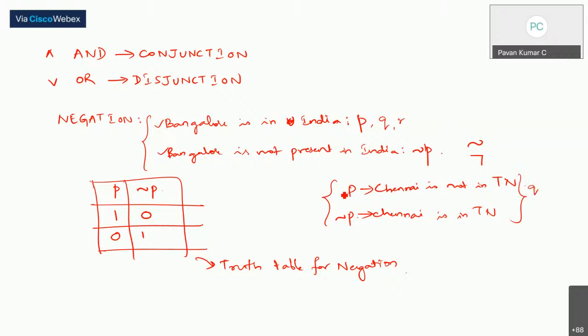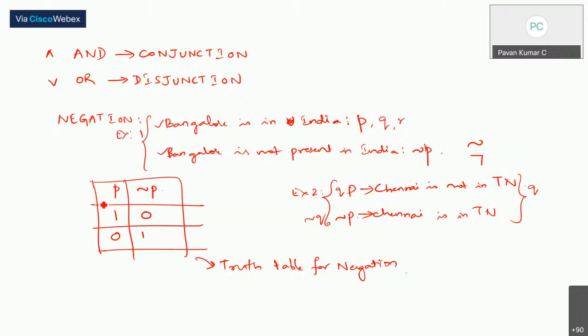So I can represent this by using q and then negation q. If I represent the same example with p and this also with p, then it will be a difficult thing. But if I use it in two different examples, then that is fine. I can use the same variables p and negation p for representing another example.